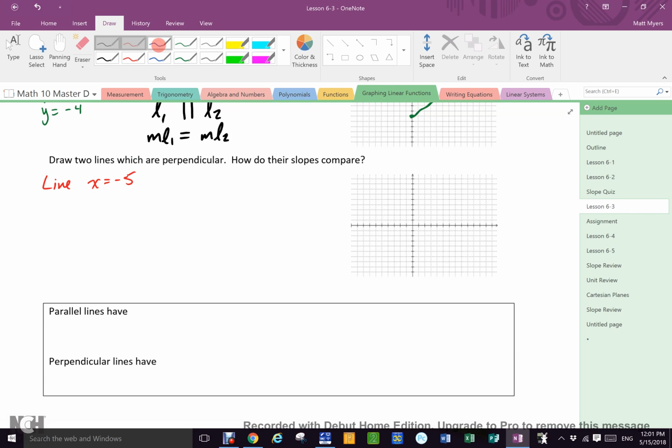When you're done drawing that line, draw the line y equals -5. I'll wait a moment for you to try to work this out, see if you can remember how to do it, and then I will ask.